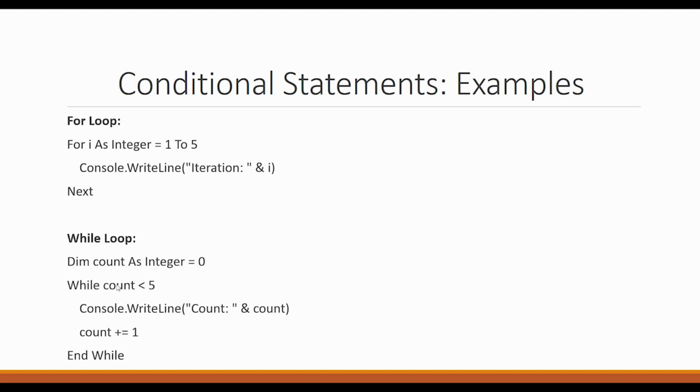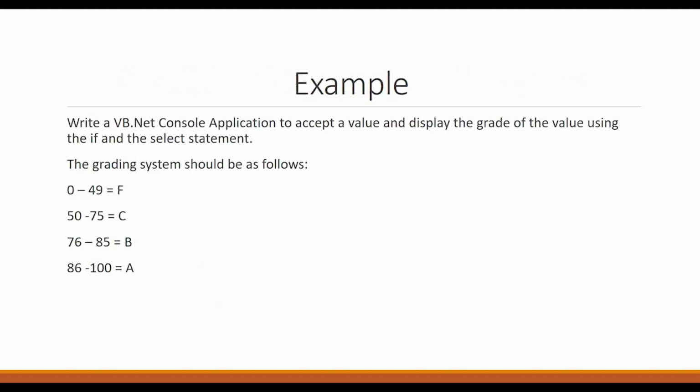It will now check: count is 1, is 1 less than 5? Yes, then it should now display the value again. So you appreciate this the more when you go into the VB environment. So this is the example that I'm going to test after we test the other examples.